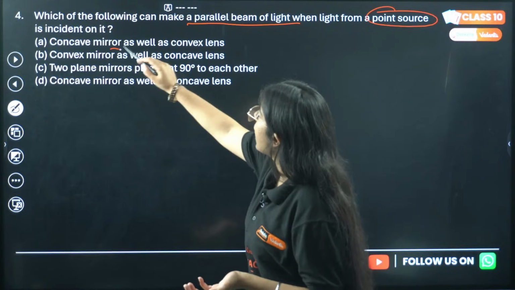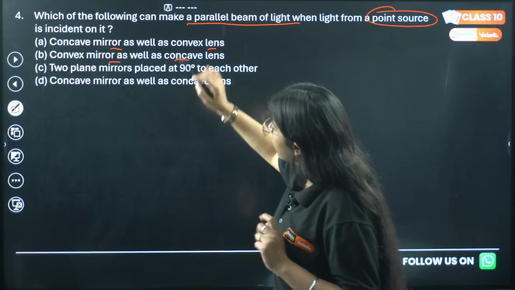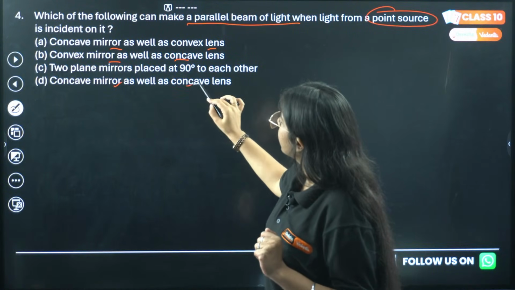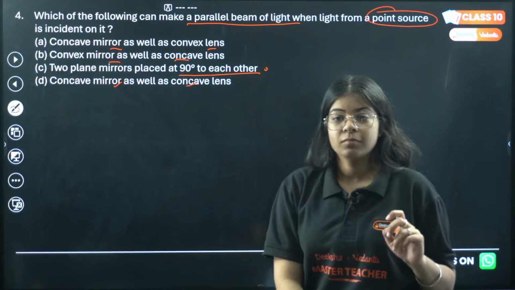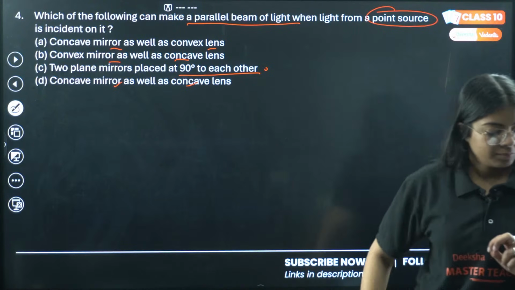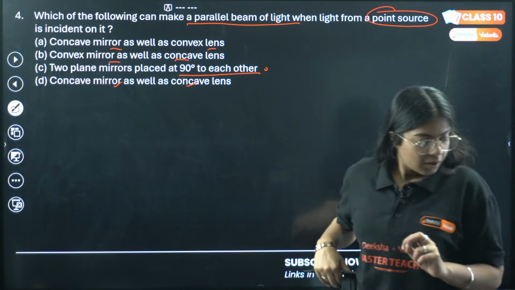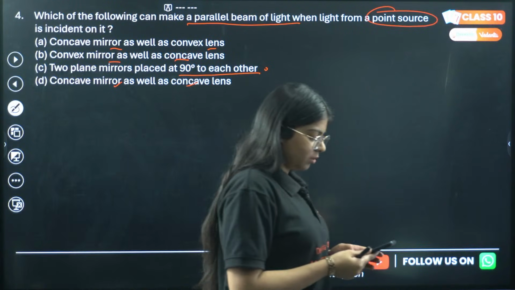A, concave mirror as well as convex lens; B, convex mirror as well as concave lens; C, concave mirror and concave lens; D, two plane mirrors placed at 90 degrees to each other. What will be the correct answer? Let me know in the chat.